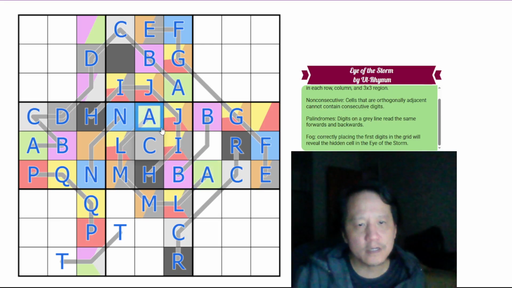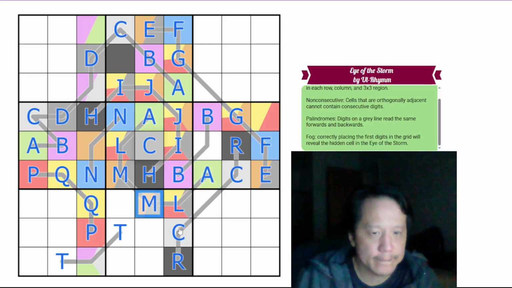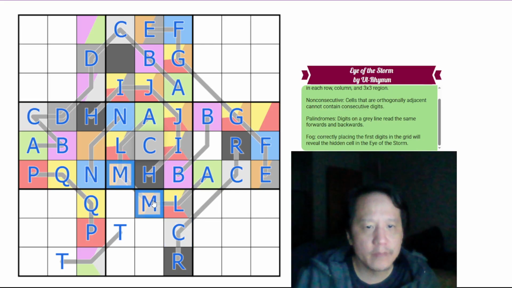So that's A. M is orange or medium. We have an orange-medium pair then in column 5, which eliminates orange and medium in the rest of the column. This can't be orange. This is light. That means this can't be orange.